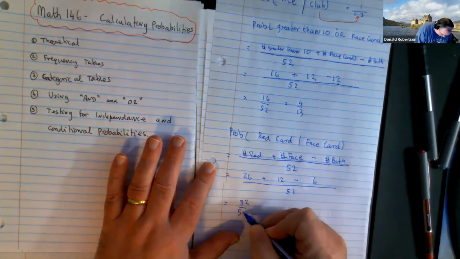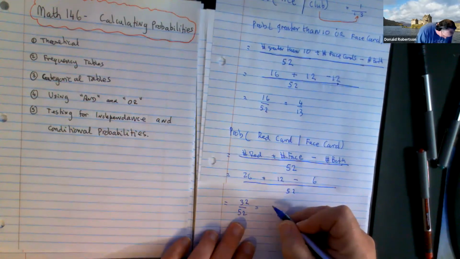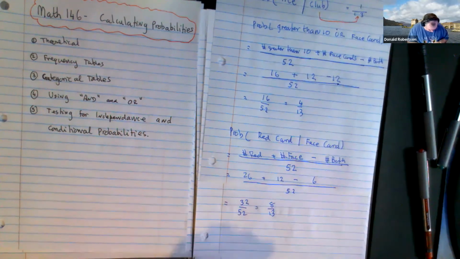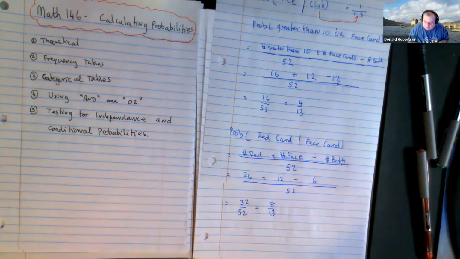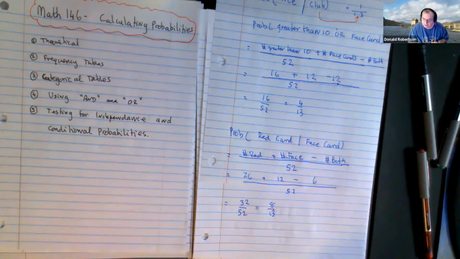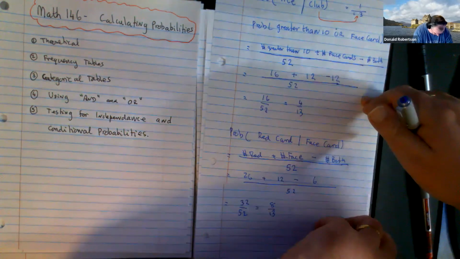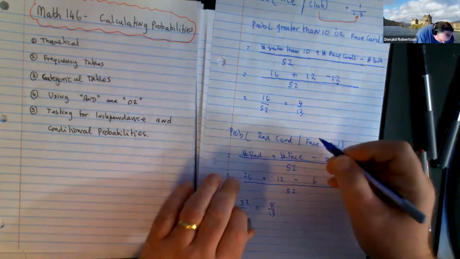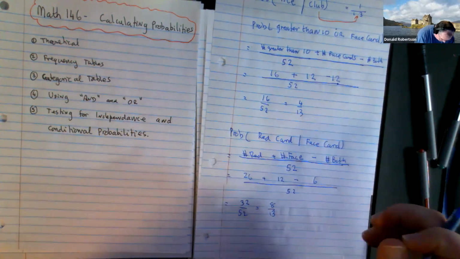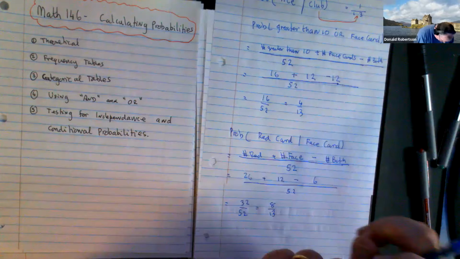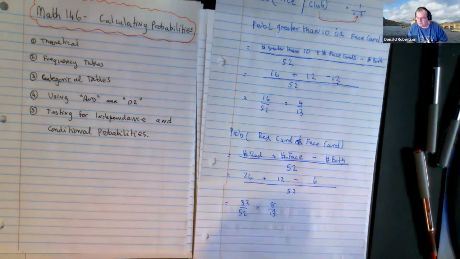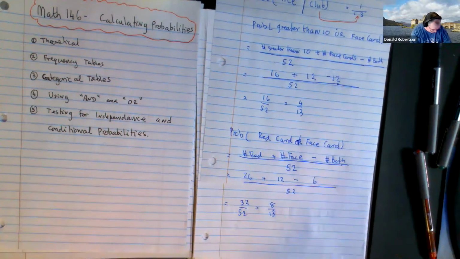If you divide the top and bottom by 4, you get 8 13ths. Are we good? I've just said that one. It's okay. Should have said or here, but it's the right answer.